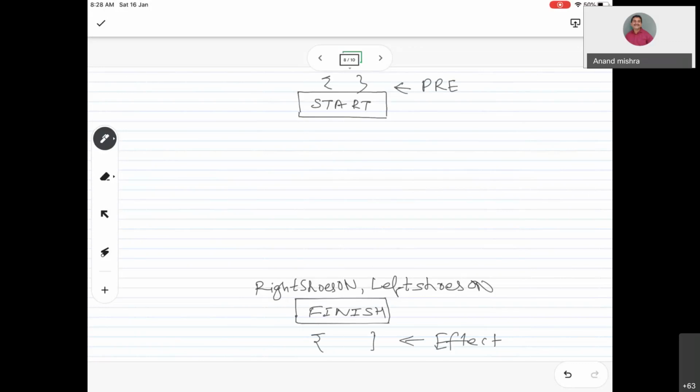The precondition is empty for start, and here for finish we have a precondition. But the effect of a start is the initial condition, right? If an initial condition is there, that will be the effect of a start.